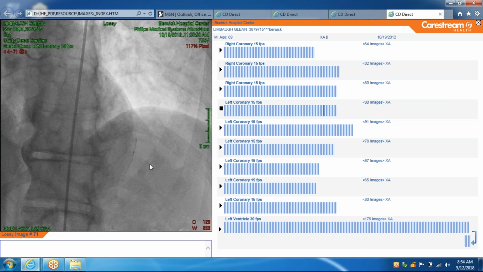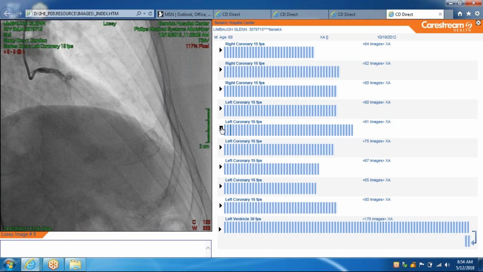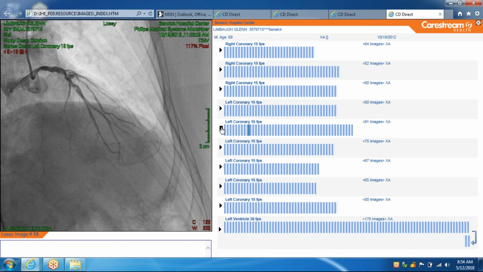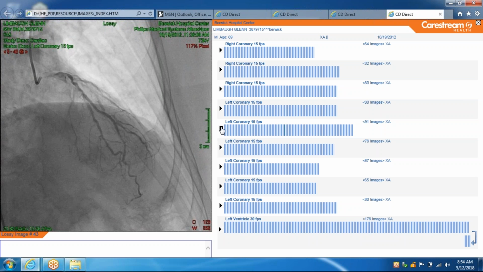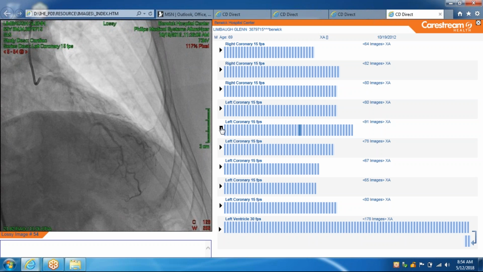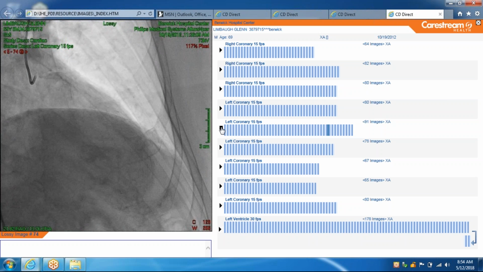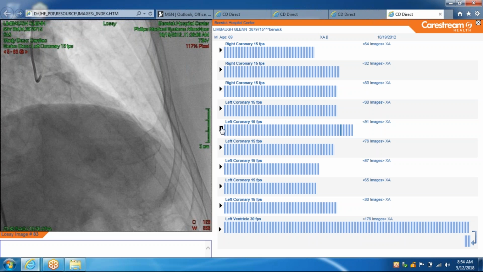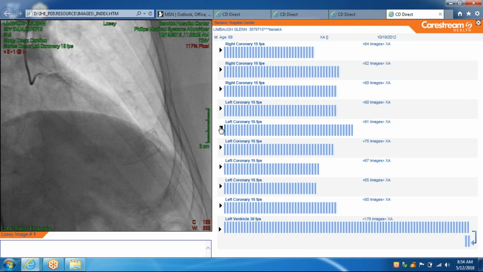Remember, LAD is the one that loops around the apex of the heart. So we take another view because, especially when you have blockage, you have to do multiple views, lest you miss a significant blockage. And if you look closely at this blood vessel, there's a significant lesion here, and if you don't pay attention, you'll miss it.